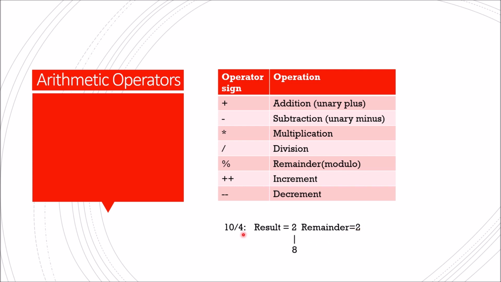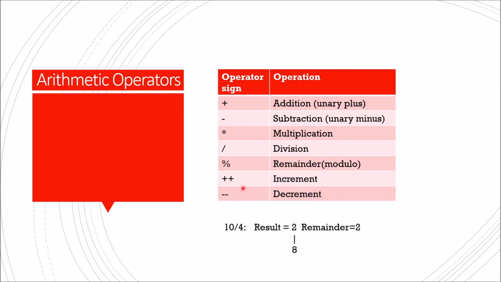Because we are not taking fractional parts. So that's what happens here. We do the division, and this remainder operator will find the remainder of that operation.